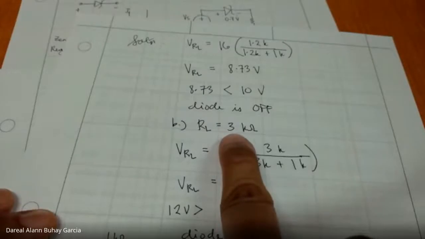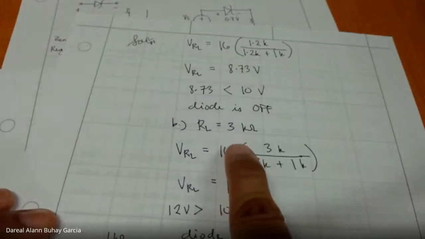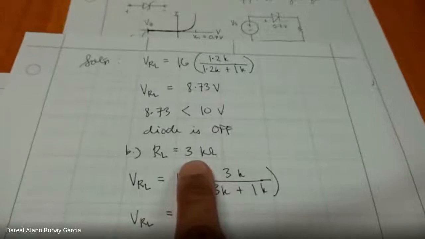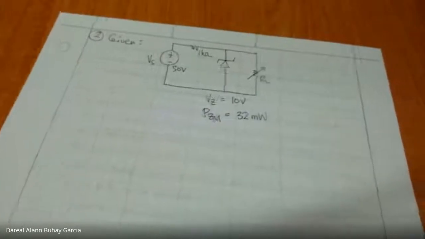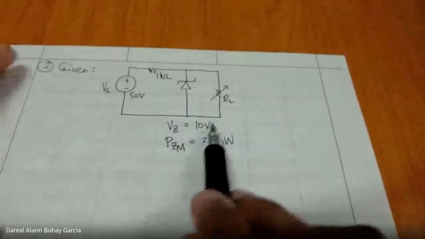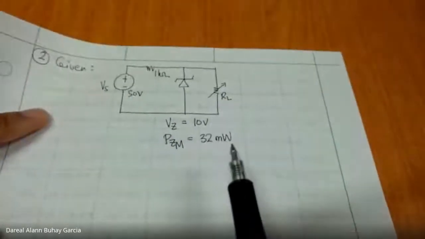Okay? Now, kung ato i-analyze further, there's some value between 1.2K and 3K that will initially turn the Zener Diode on, no? So whatever value that may be, pwede natin ito masolve sa katong example. Or we could use this as another example, no? Kaya para naman og concept.